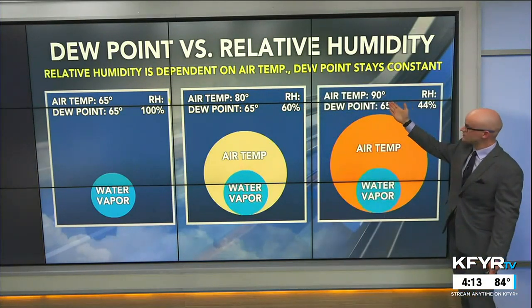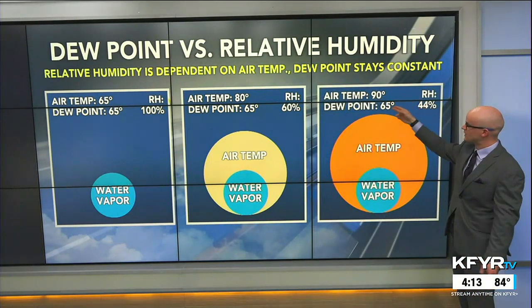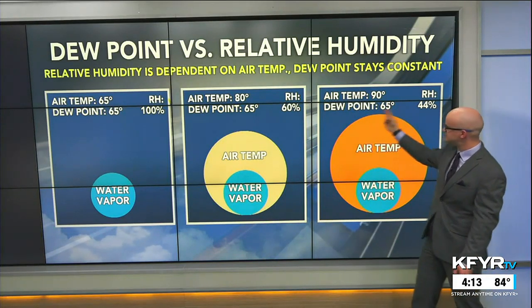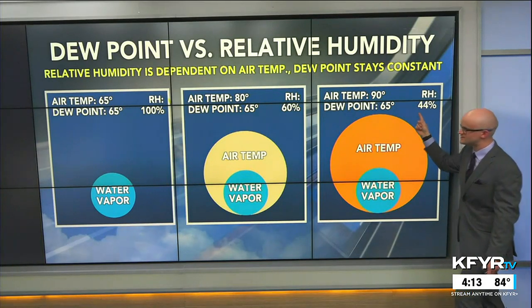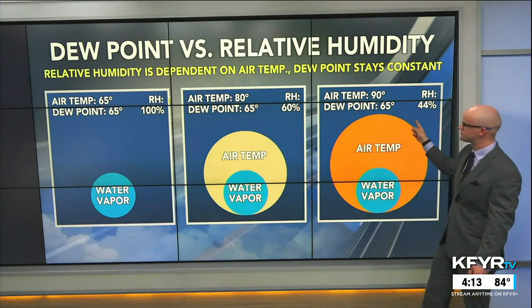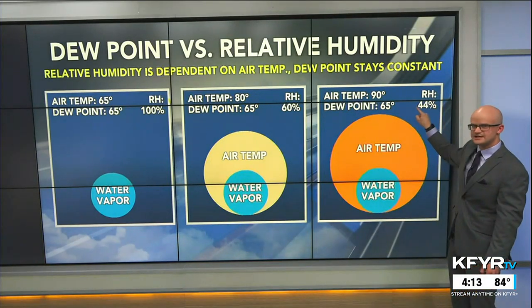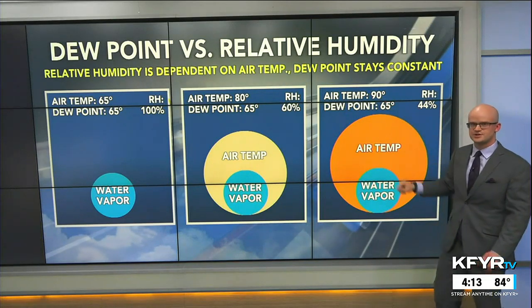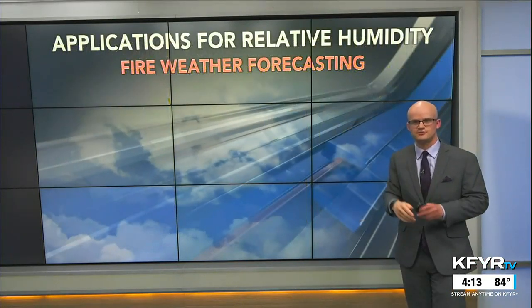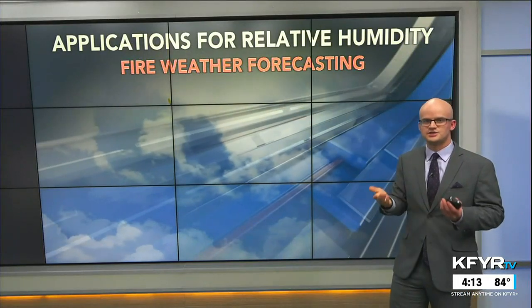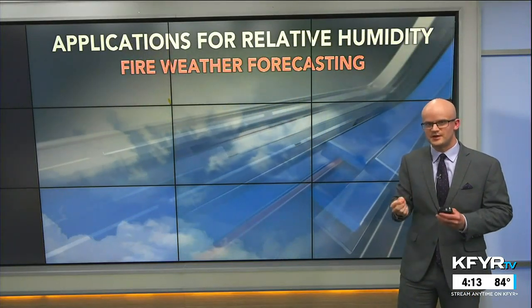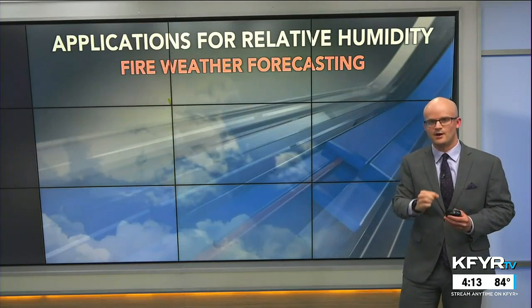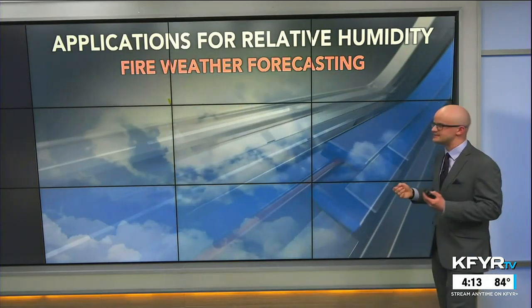Whereas air temperature of 90 degrees, more summer-like weather, while the dew point stays the same at 65 degrees, that relative humidity is all the way down at 44%. So we didn't change the dew point at all in any of these three examples, but our relative humidity kept dropping as we increased our temperature. That's why you can kind of skew that relationship. And the relative humidity isn't useful a lot of times if you pull that up on your weather app. It's better to use that dew point to figure out how muggy or sticky it is outside.